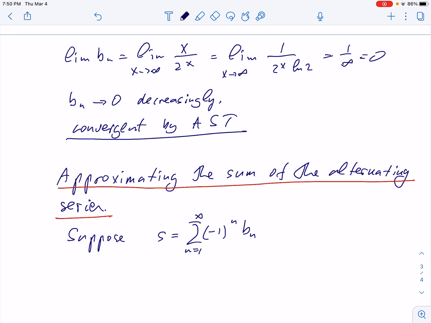Or n minus 1, it doesn't matter. Then we have such an important estimate. S, the sum of the series, this is not a good S.